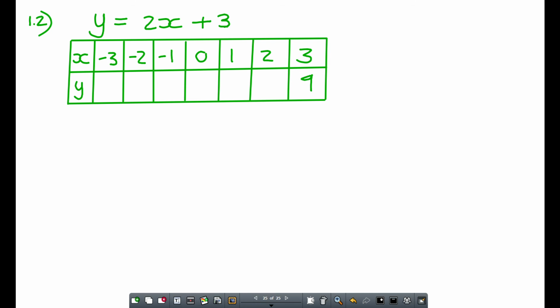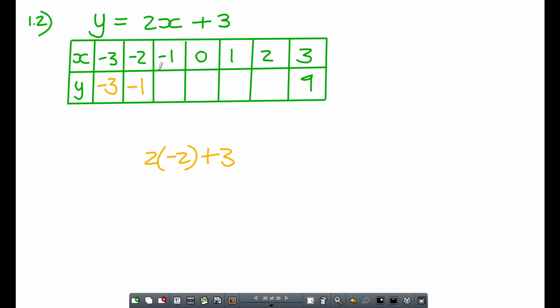If x is minus 3, it would have been 2 times minus 3, which gives me minus 6, plus 3 gives me negative 3. Good. Then over here, if x is minus 2, it would have been 2 times minus 2 plus 3, which gives me negative 1.